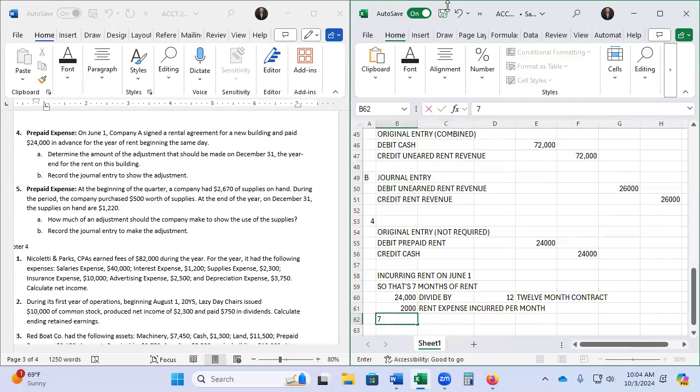So you take 7 months times 2,000 per month. You have to make a $14,000 adjustment.